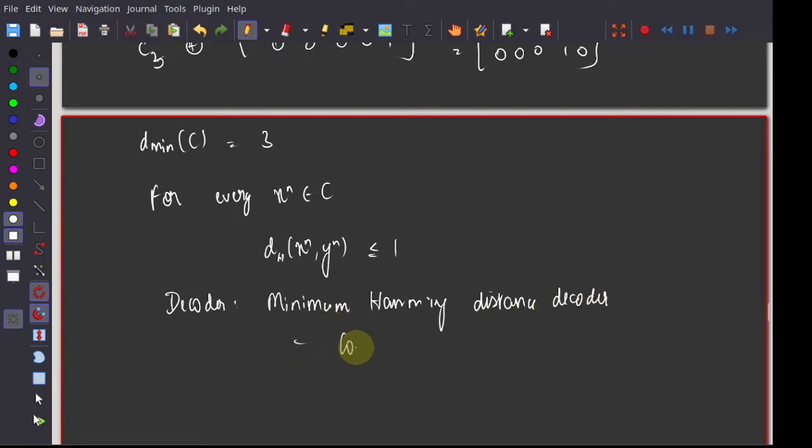You compute the Hamming distance between the received sequence and every code word, and you choose the one that minimizes this.